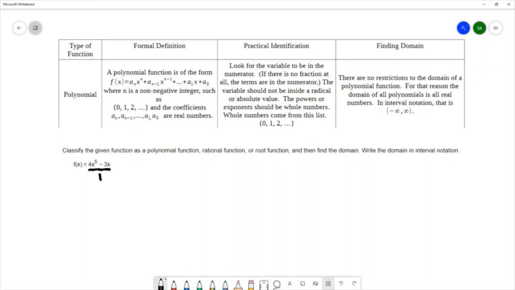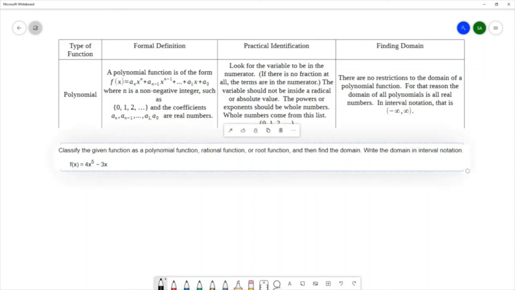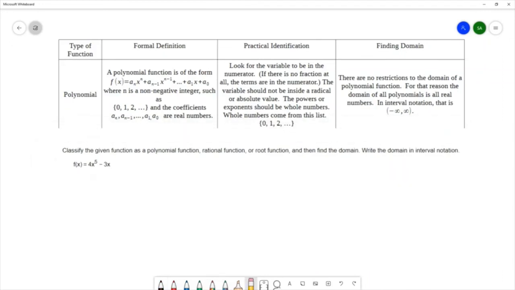So we consider those terms to be in the numerator. The variable should not be inside a radical or absolute value, and the powers should be whole numbers. Whole numbers are our counting numbers here: 0, 1, 2, and so on.